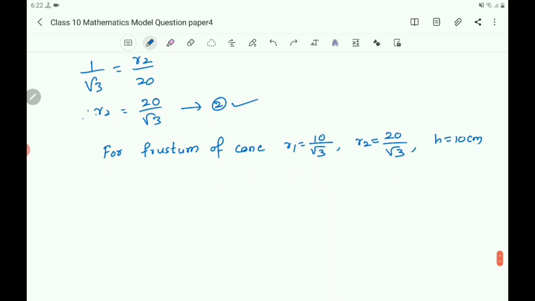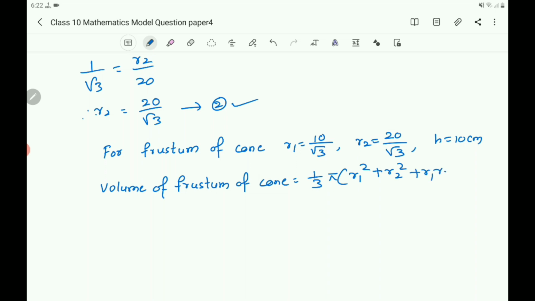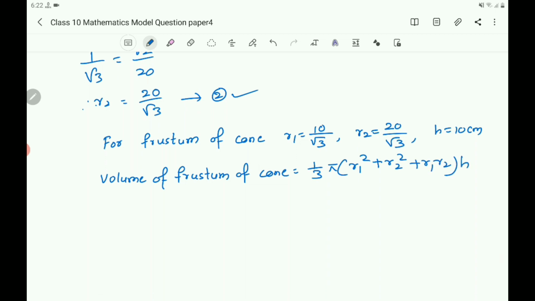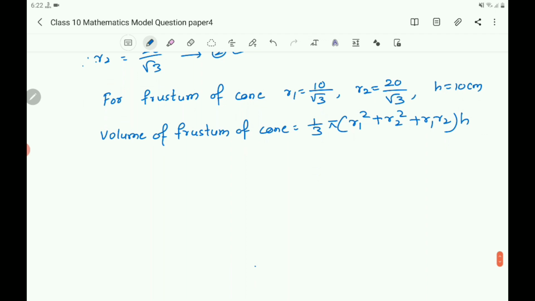Then you write the formula for the volume of frustum of cone, V equals 1 by 3 pi H into R1 square plus R2 square plus R1 into R2.